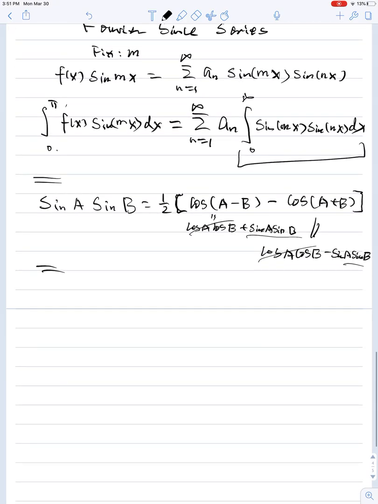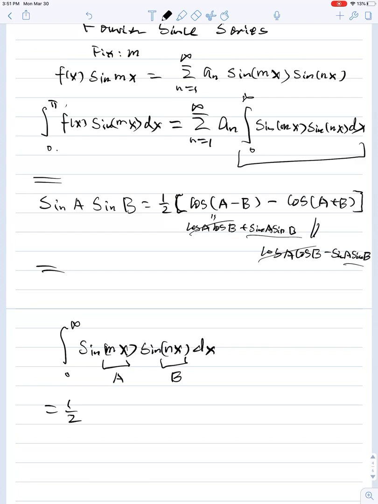Now, we use these trig identities, and then we evaluate this integral of sin mx sin nx dx. So this is my A, this is my B. Then I use this trig identity. I'm going too fast.